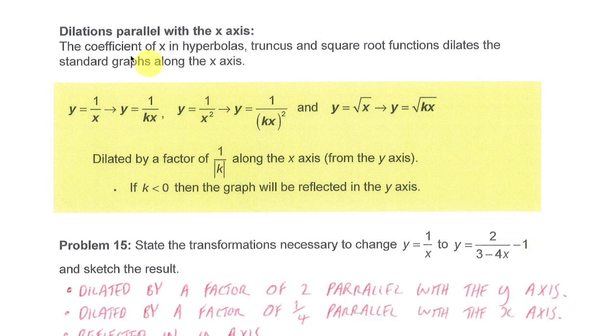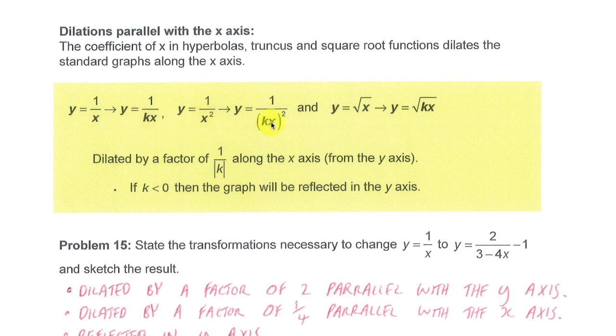Let's take a look now at dilation factors that are parallel with the x-axis. So if you have a number immediately in front of the x, so for the 1 over x, if we have a value immediately in front of the x down the bottom here, then that is a dilation factor that we're considering parallel with the x-axis.